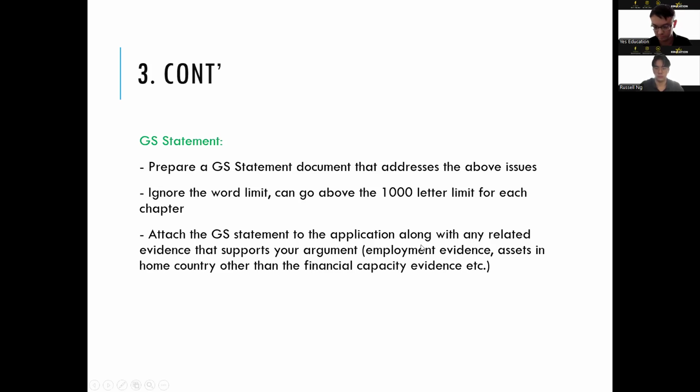So basically, when you prepare a genuine student statement, it is very important to stick to the detailed issues that might happen, and then be creative regarding issues.